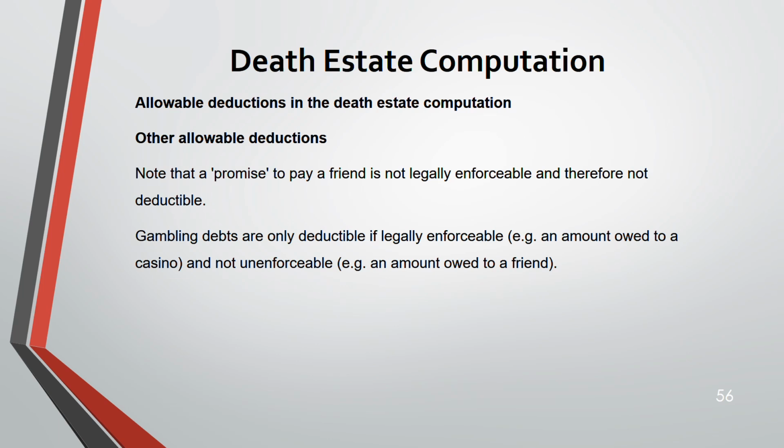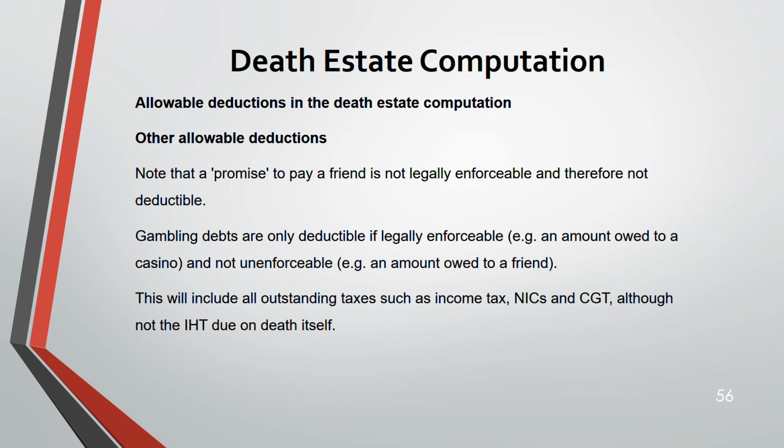But let's say an amount owed to a friend in a gambling, then that's not legally enforceable, so you can't deduct. This will include all outstanding taxes. In the allowable deductions, you can deduct income tax, NIC, CGT, although no IHT is due on death itself. All the other taxes, income tax, NIC, CGT, you can deduct.